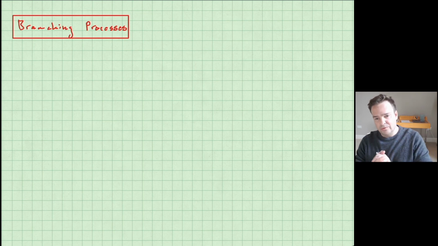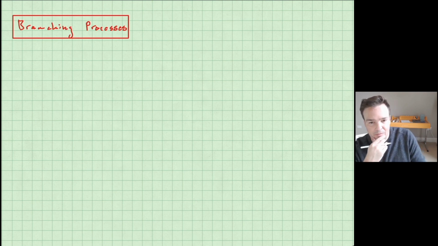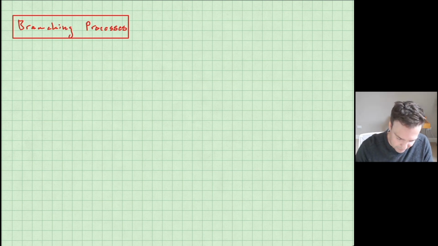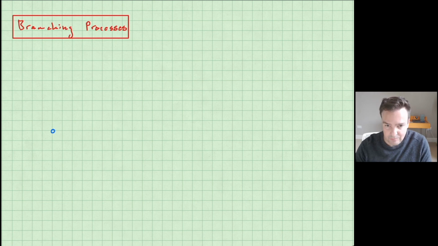Suppose that you have some kind of population. You could maybe think of a neutron flying around in a nuclear reactor, about to hit something, generating more neutrons, say. Let's represent that with this little circle, like a neutron flying around.